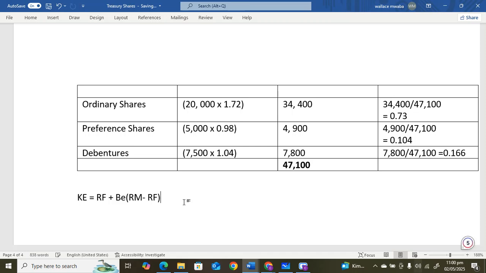RF represents the risk-free rate. So government securities, like treasury bills, treasury bonds, and treasury notes, are risk-free. Why? Because in the event that government has no money to pay you, theoretically it can print money and pay you.